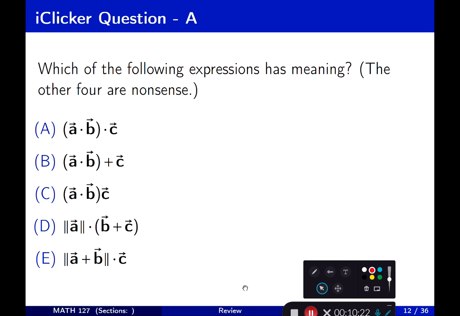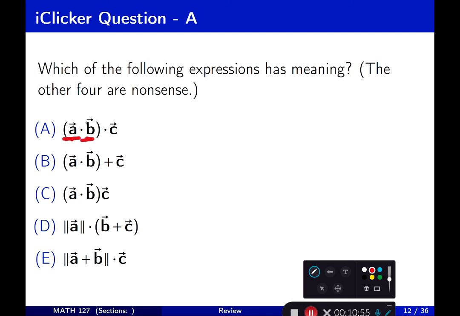Okay, I hope you paused and tried to find out the answer to this one. Let's see. When we're doing a dot product, both things that you're multiplying together should be vectors. So over here you have A dot B, both of them are vectors. That's good.